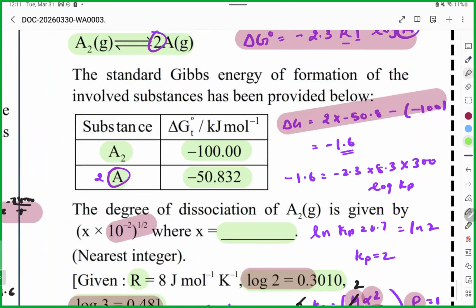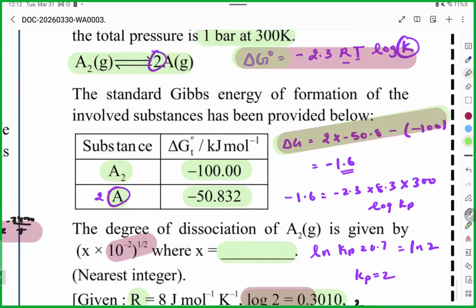First, you calculate delta G value. Product minus reactant. Then delta G naught formula minus 2.3 RT log K. You will get K value. Now in the K value, you know how to write the reaction. Correct? So 4 alpha square 1 by 1 minus alpha square into the pressure.